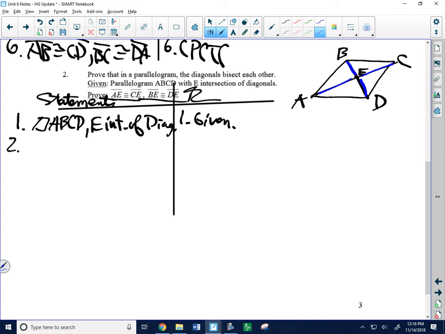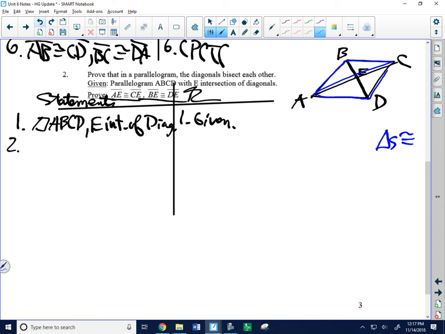Those are the parts of the diagonal, so they would be bisected. Now this one, before we start, we need to identify which triangle. It's again a triangle proof. If we can show some triangles are congruent, then these segments will be congruent. The question is which triangles, because now there's many triangles we could choose.